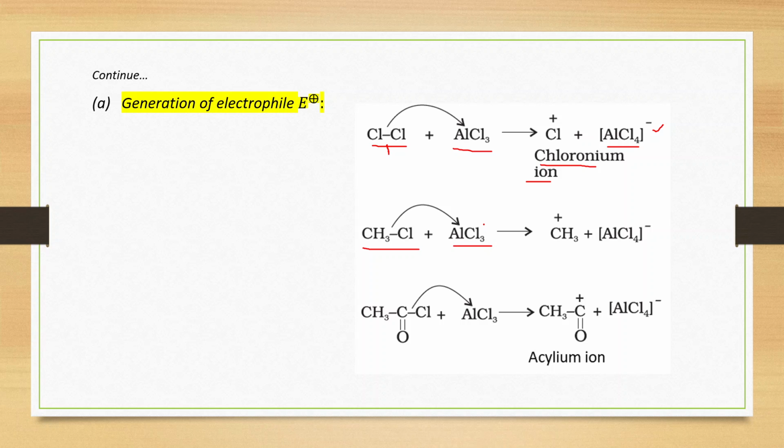In the presence of Lewis acid, again this bond will break down and CH3, that is methyl cation, is produced, which acts as an electrophile, and AlCl4 minus is formed. In case of Friedel-Crafts acylation, this is CH3COCl acetyl chloride. In the presence of AlCl3, we will get the acylium ion. This bond will break, and we will get CH3CO positive charge along with AlCl4 minus. This is the first step, generation of electrophile.